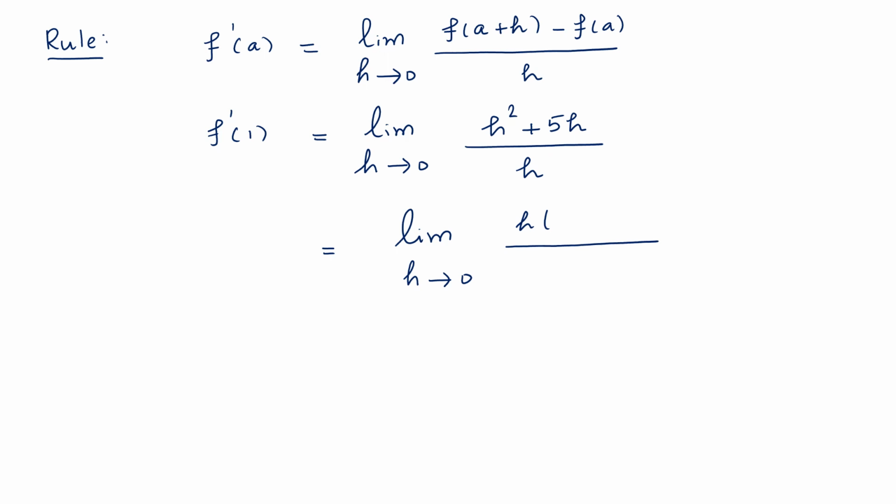We can write the numerator as h times (h plus 5) over h. This h and this h we can delete, equal to limit h tends to 0 of h plus 5. h replaced by 0, we have 0 plus 5 equal to 5.